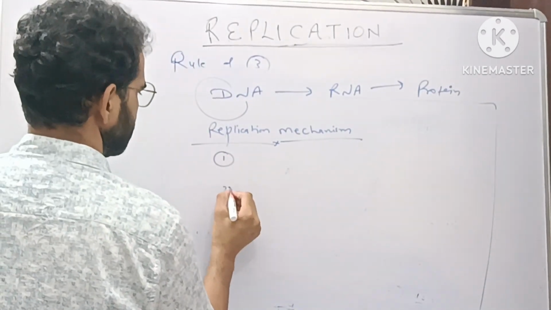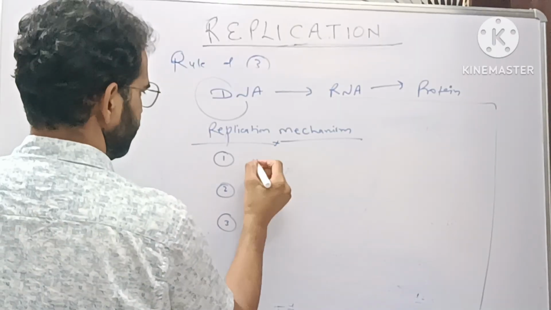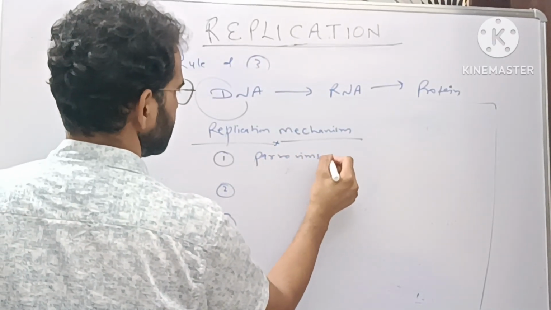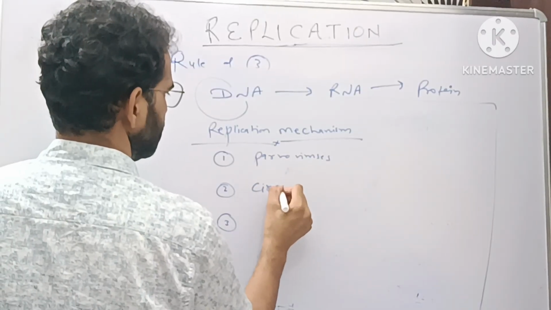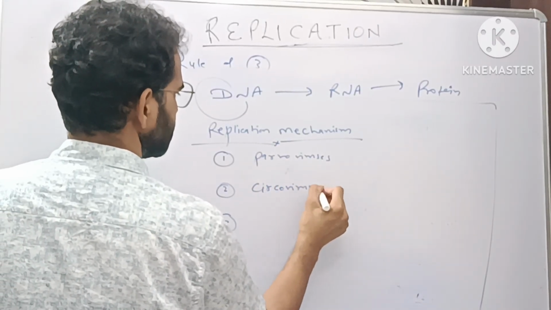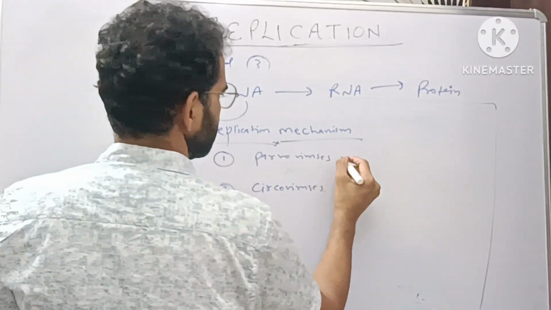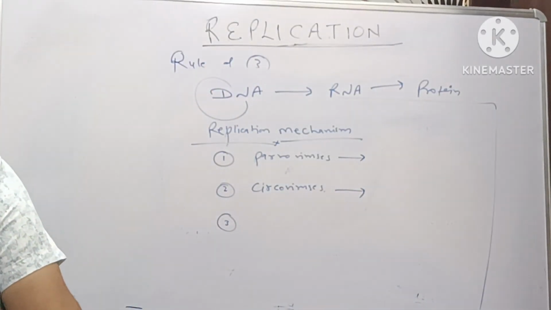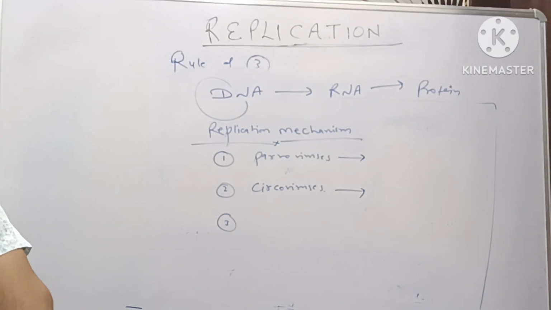What are the replication mechanisms? We have canine parvoviruses, then we have circoviruses. Parvoviruses and circoviruses have different mechanisms of replication.